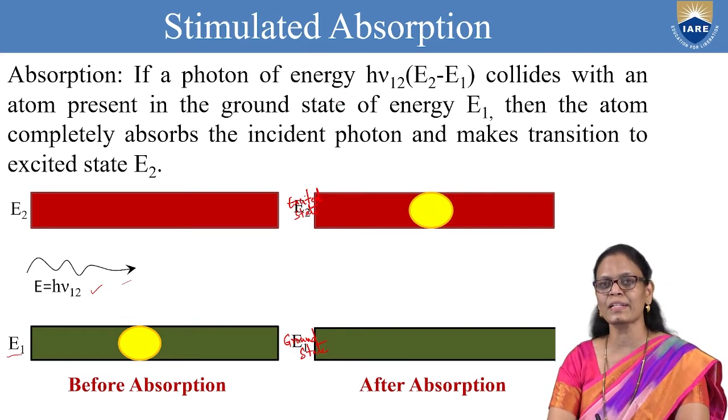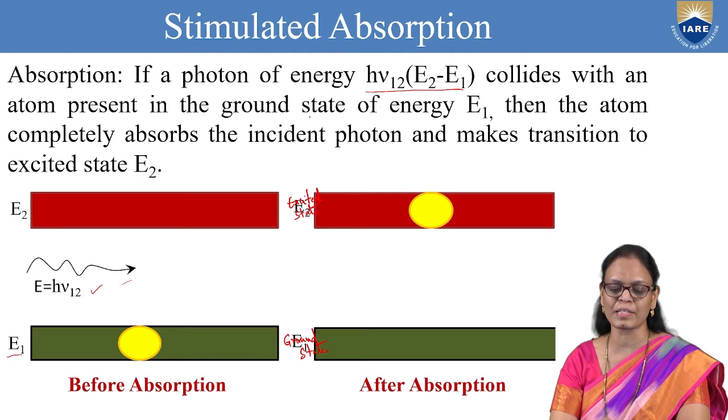So what we see in the definition is, if a photon of energy h nu 12, which represents the difference in energy, collides with an atom present in the ground state of energy E1, then the atom completely absorbs the incident photon and makes a transition to the excited state. So this is the phenomenon.